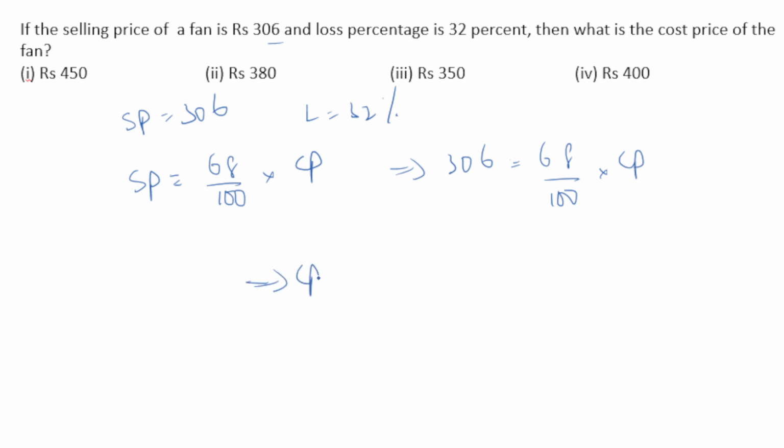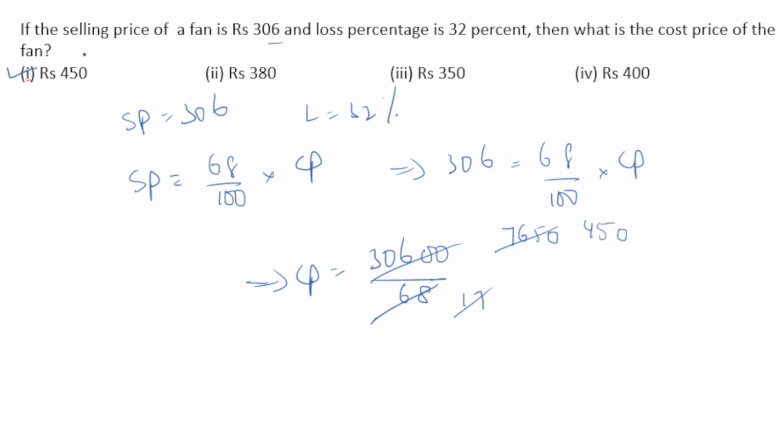So cost price is equal to 30600 divided by 68. If you simplify, you will get 7650. Here 17 into 4, 50. So the cost price is 450 rupees.